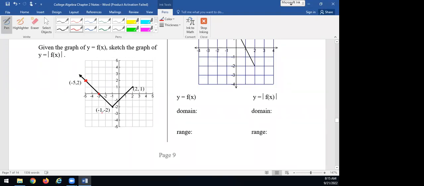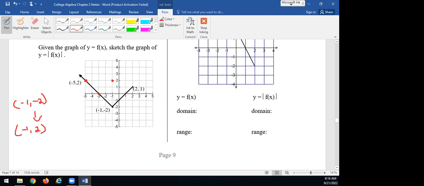What about this point here? -1, -2. What does it change to? -1, +2, right here. So my new graph, I'm using red, so we don't confuse it with the old points. So just remember that -1, -2 will become -1, +2, because the y must be positive.